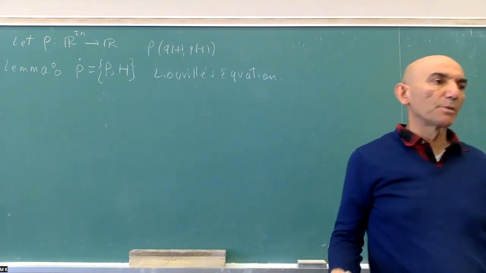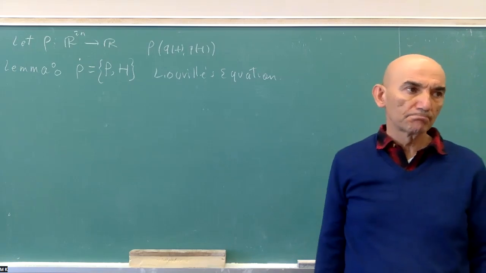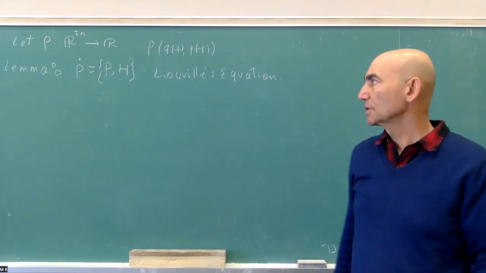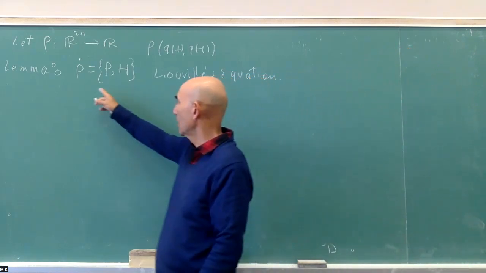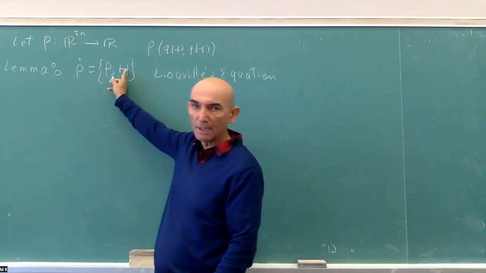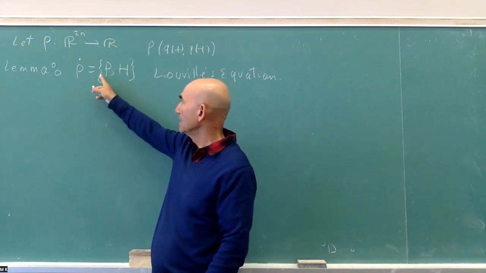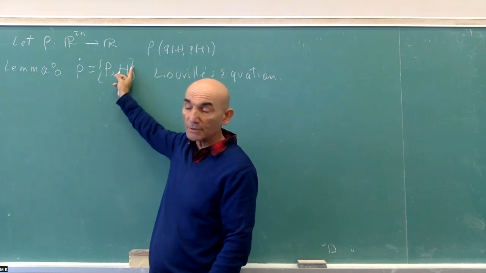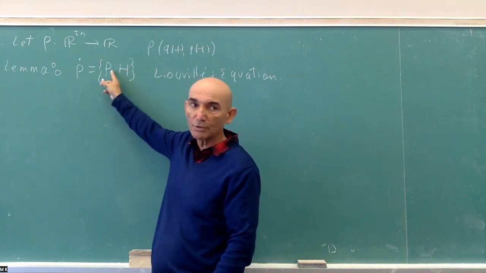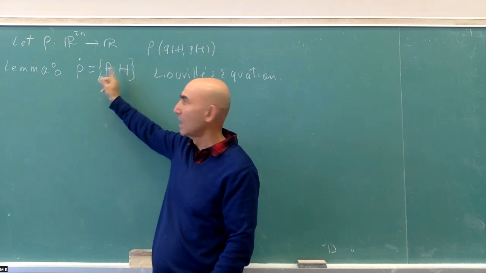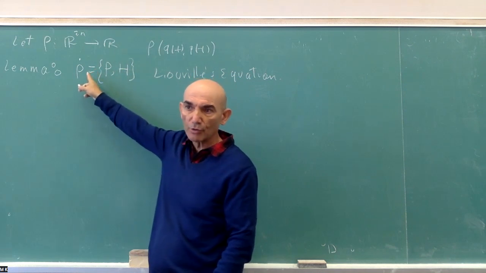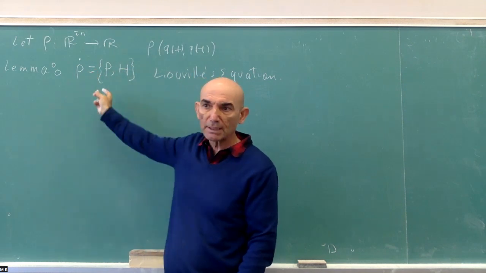It's a bit like Heisenberg's equation in quantum mechanics. Heisenberg's equation is very similar, except you have operators here instead of functions, and instead of the Poisson bracket, you have operator commutators, and there is an iħ factor. Otherwise, it's exactly the same thing.